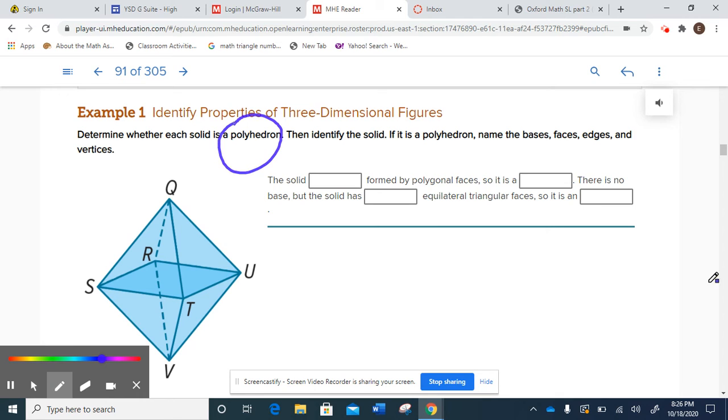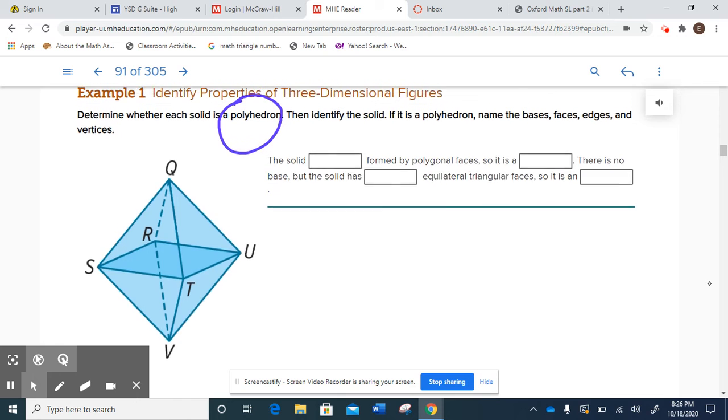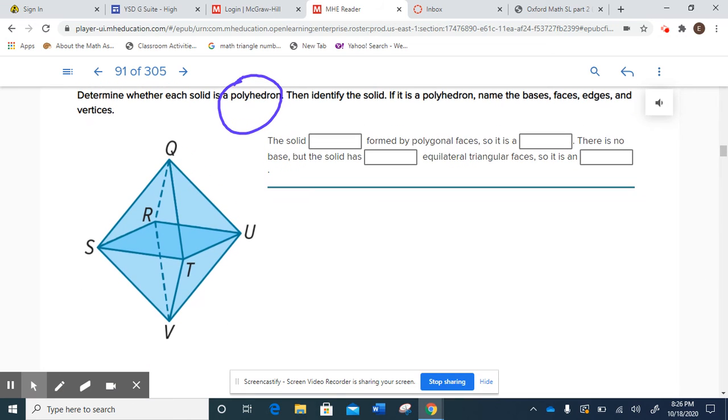Then identify the solid. So in this case, I'm pretty sure what we're looking at here is two square pyramids that are attached together, but the problem is that your faces are all triangles. So we have all triangular faces.